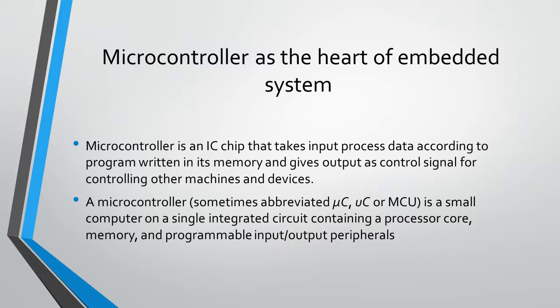A microcontroller is symbolically abbreviated as MCU, that is microcontroller unit, which is a small computer on a single integrated circuit containing a processor core, memory and programmable input-output peripherals.